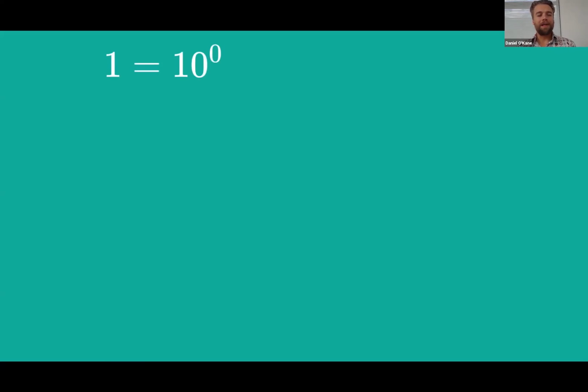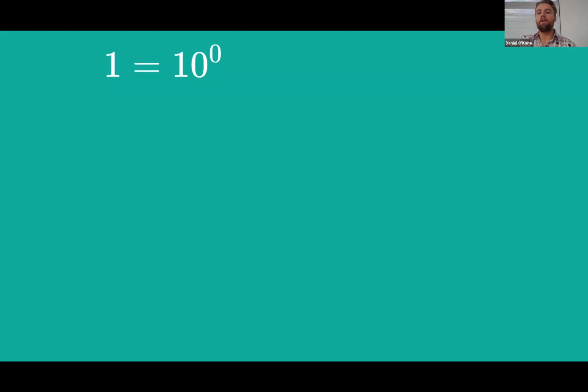So last week when we were talking about index laws, we talked about the 0 power law. Any base to the power of 0 is 1. We can think of all of the numbers in our number system as multiples of powers of 10. You might know our number system is a base 10 system. So you look at ones, tens, hundreds, thousands, tens of thousands.